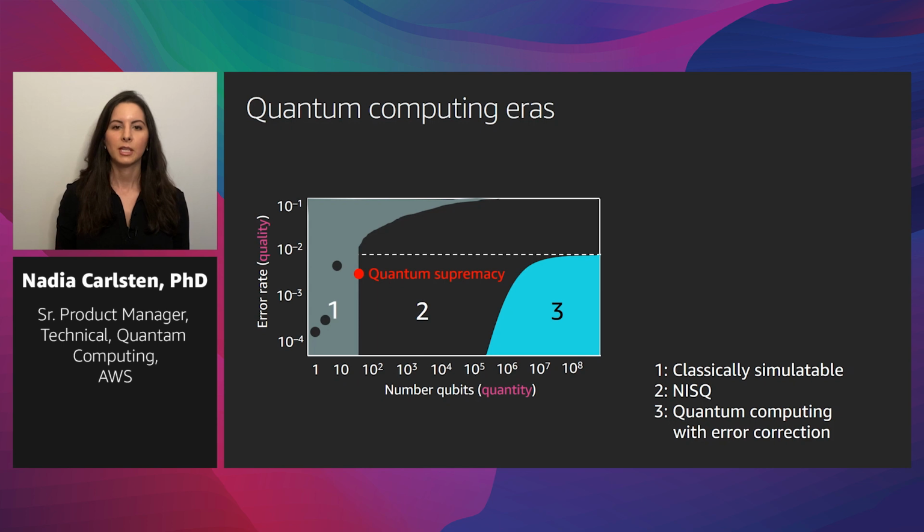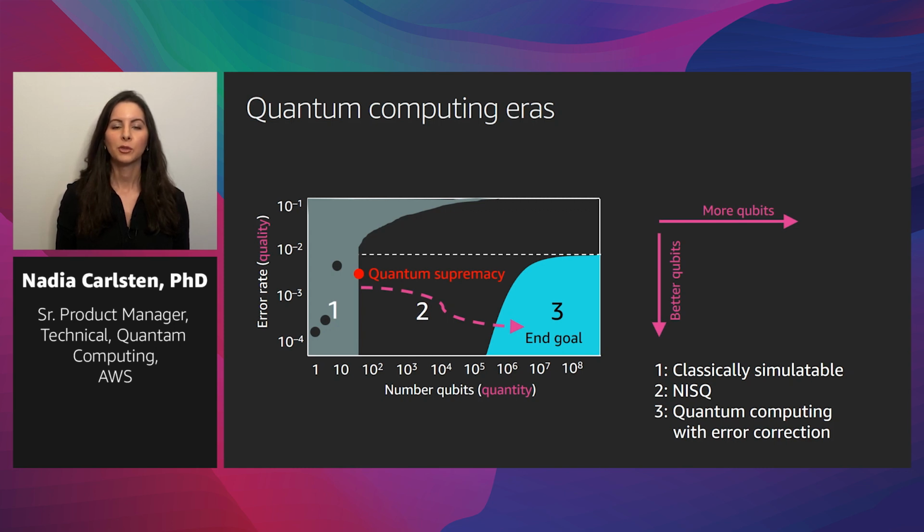Today, we are at the intersection of 1 and 2. We are entering the NISQ era. We have indication that quantum systems can do computations that classical computers cannot, but we don't have proof yet that they provide an advantage when it comes to useful problems. The ultimate goal is fault-tolerant computers that can run useful quantum algorithms reliably.